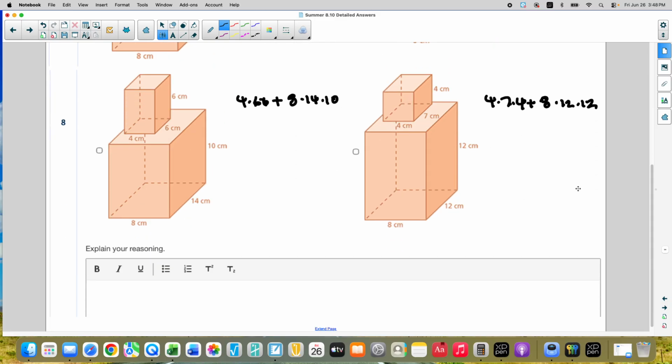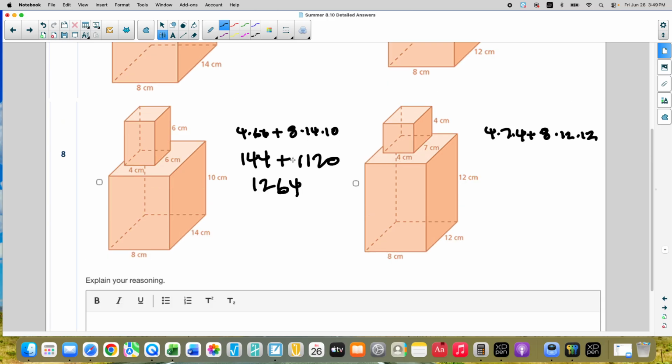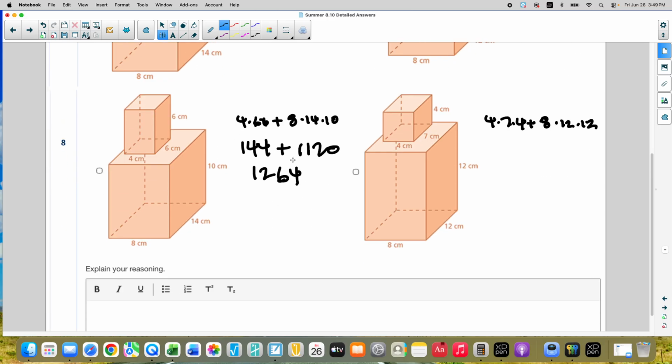Okay, this is going to be 24 times 6, 144, plus 140 times 8, which gives you 1120, plus 144 gives us 1264. Now the last one.